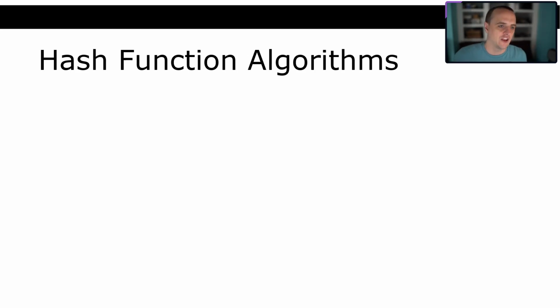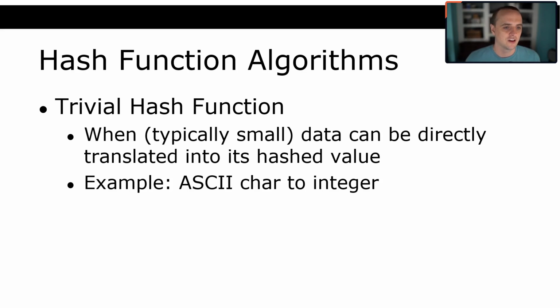So what are some hash function algorithms? Well, we could have things like trivial hash functions. Trivial hash functions are something you might come up with in grade 3, right? When you're trying to play a spy or something like that and turn your name into a secret number. A trivial hash function is when some sort of typically small data can be directly translated into its hashed value.